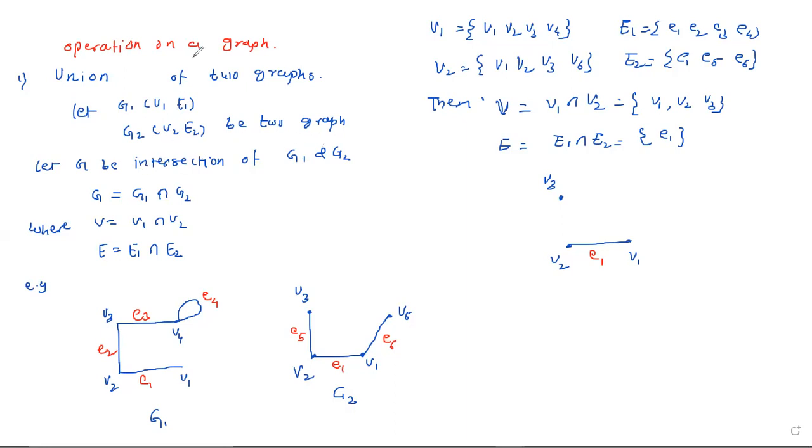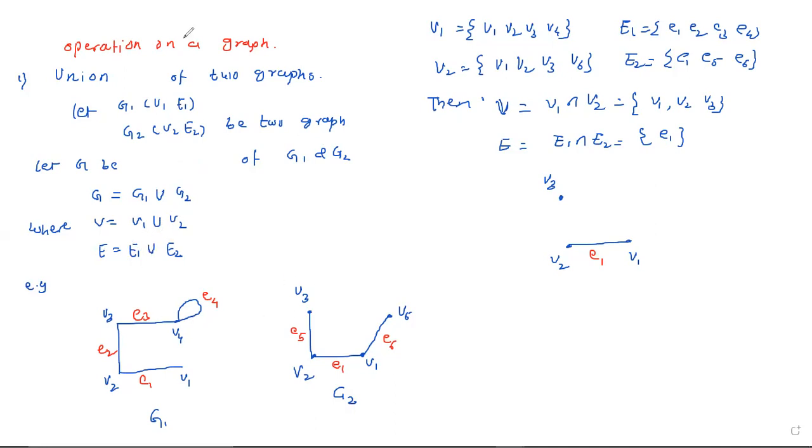Okay, then we want to find union. Okay, so here we change. Okay, so we write here G1 union G2, V is union of V1 and V2. Okay, and edge set is also union of E1 and E2.